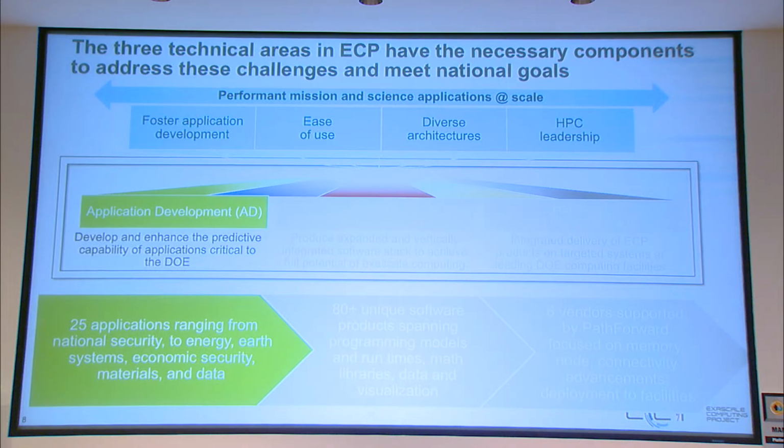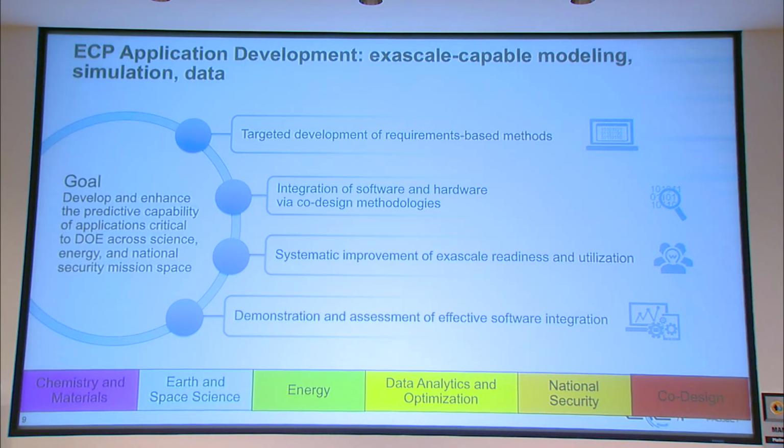So starting with application development, the goal here is to develop and enhance the predictive capability of applications that are crucial to the Department of Energy. So we've got 25 different applications that are basically highlighted in the bar across the bottom in those areas, and then 6 co-design centers that are focused on computational motifs that are important to multiple applications.